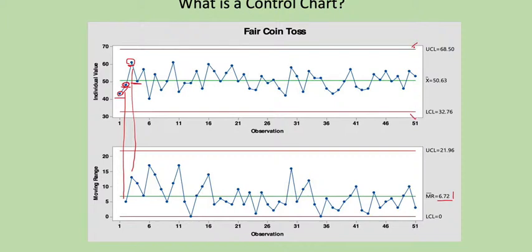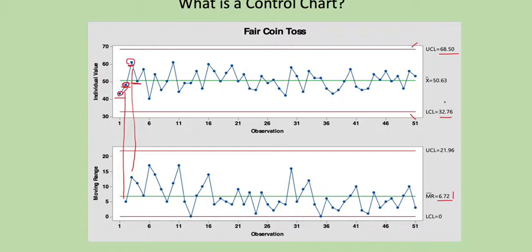These represent the natural variability of the process. This is usually constructed at plus or minus 3 standard deviations, which is a little bit more than 99% of the data values, and it's saying that you should get between about 69 and 33 heads 99% of the time or so on 100 coin flips.